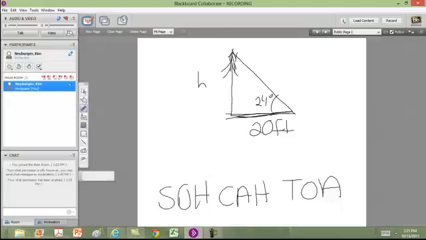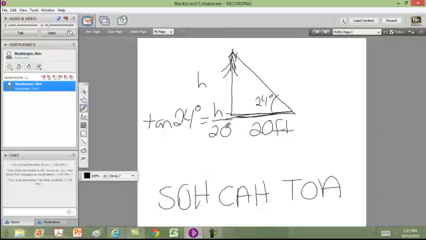So you would say that tangent of 24 degrees equals the opposite, which is the height of your tree, over the adjacent, which is 20. If you solve this equation, you'll end up finding the height of that tree.